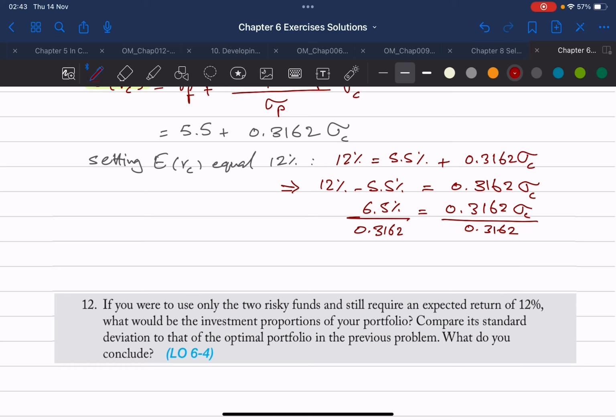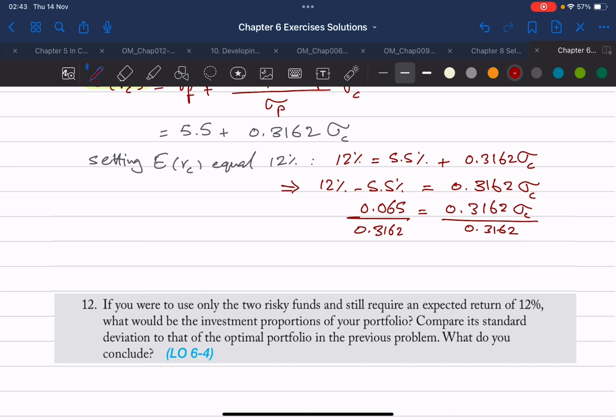Because I'm dividing these numbers by each other, in my calculator, I transformed this into a decimal format, because it's going to give you a misleading answer if you keep it this way. In fact, let me change it here, just so you understand. 0.065.